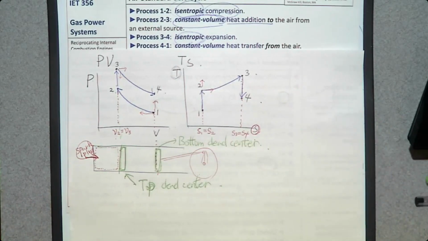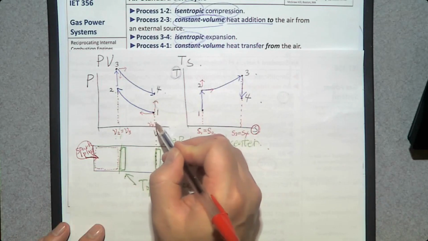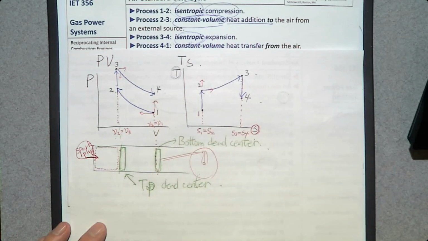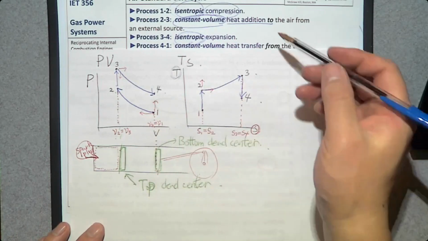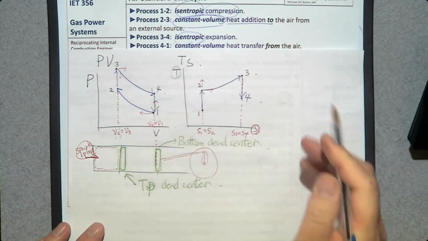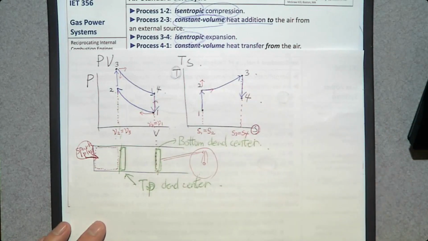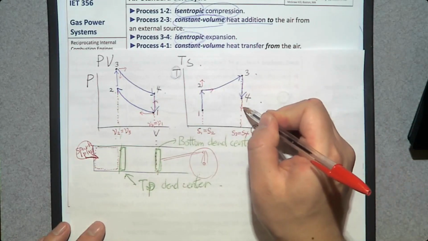And finally, the cycle is going to be completed by constant volume heat rejection from the system. So heat is removed at constant volume. So volume V remains constant. V4 is the same as V1. Heat is removed, therefore pressure goes down. On this, heat is removed, therefore temperature goes down.